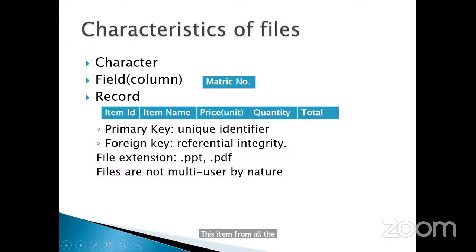Then we have the foreign key, which has a referential integrity. What it means is that a primary key, this item ID, which is a primary key in this file, can be a foreign key in another file.